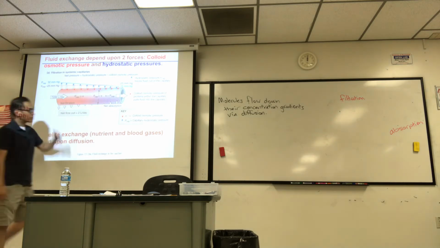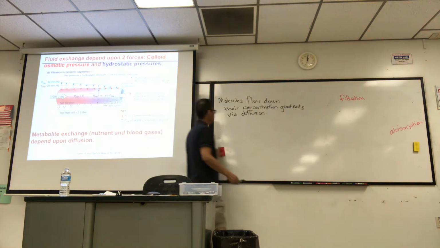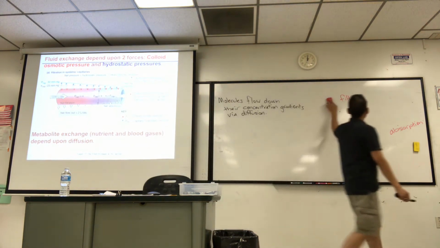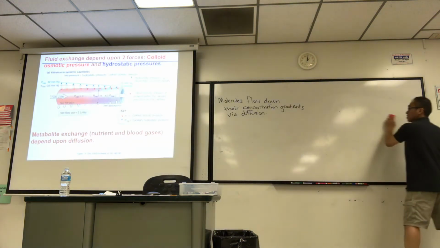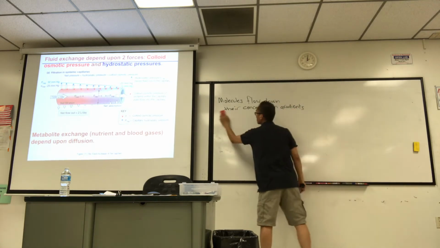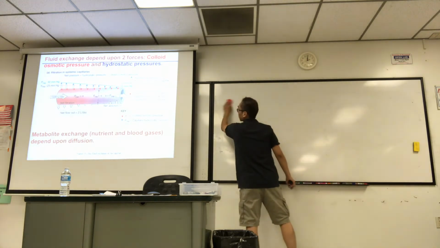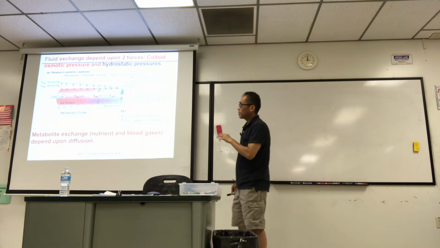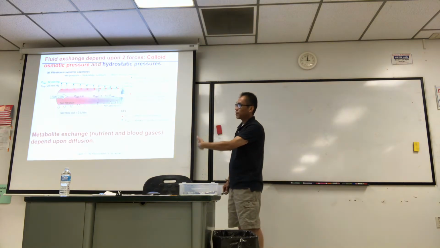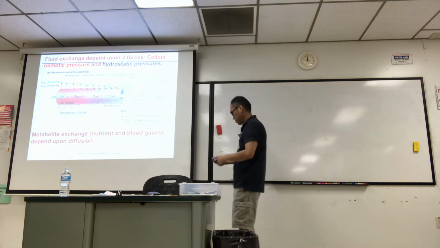So there's a lot of things going on here. Let me define what you should be looking at. One end of the capillary is on the arterial side. It's the red end.